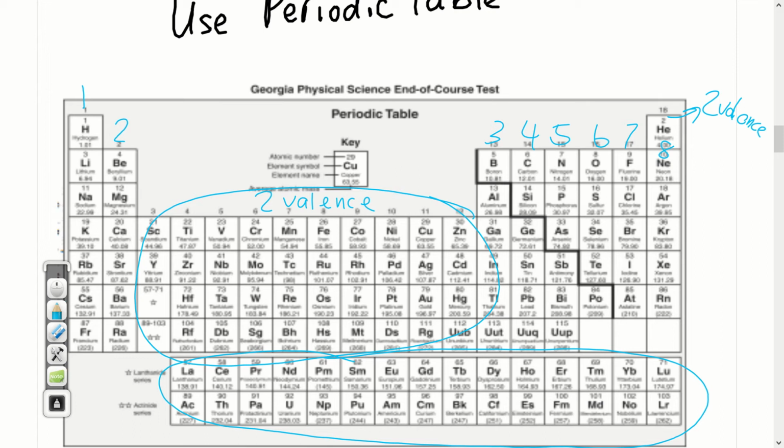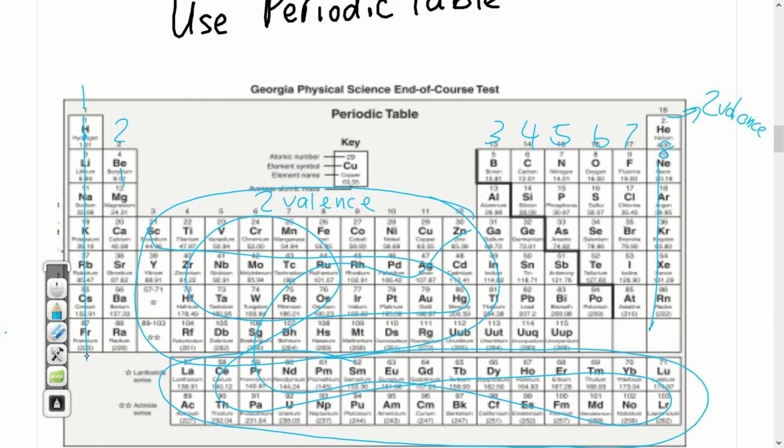All of them. So the way I usually do this is, we go over and I count, 1, 2, 3, 4, 5, 6, 7, 8. Helium, exception, 2. Okay, so one more time.